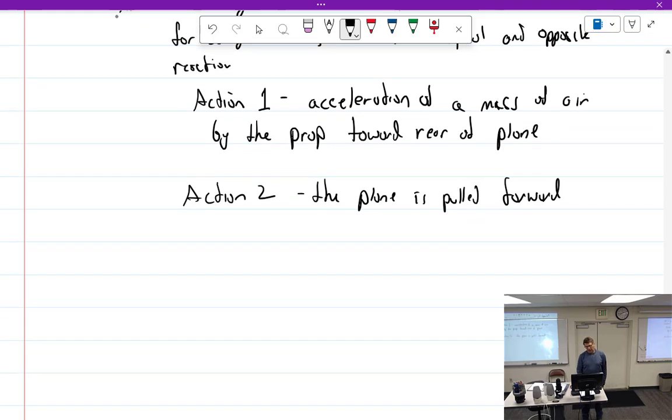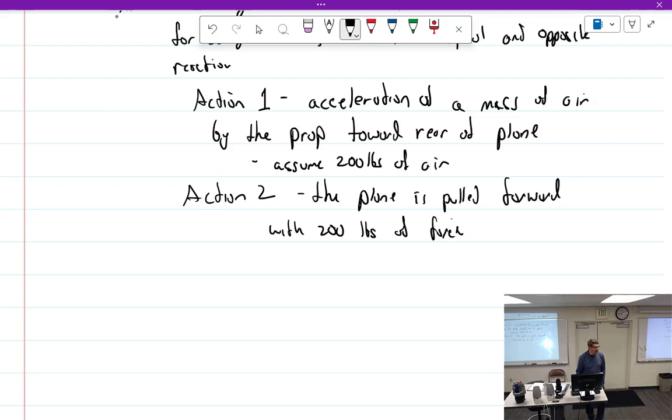Well, I had some more notes in here that I just kind of skipped over. I said assume 200 pounds of air. How much does 200 pounds of air weigh? It's going to be an easy test, man. Okay. Well, then the plane is pulled forward with 200 pounds of force.